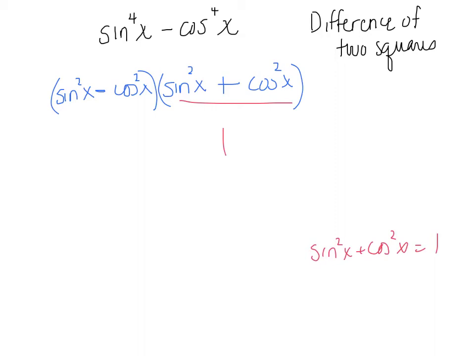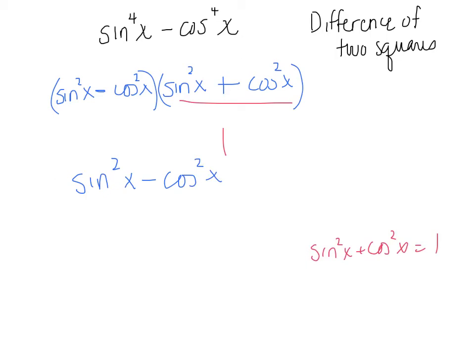Is there any way to add or subtract one of these to make it look like sine squared x minus cosine squared x? You can't. So this turns to 1, and my simplified answer is just sine squared x minus cosine squared x.